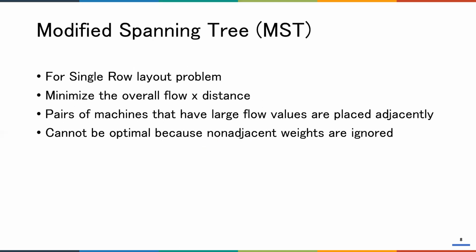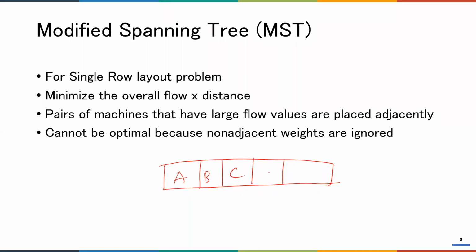So the modified spanning tree is used for the single row layout problem. What is the single row layout problem? It means that there is only a single row, something like this. So we have location A, B, C, D, E, and then we have workstations 1, 2, 3, 4, 5, and we need to assign them one by one.